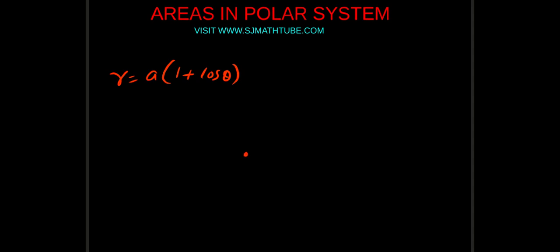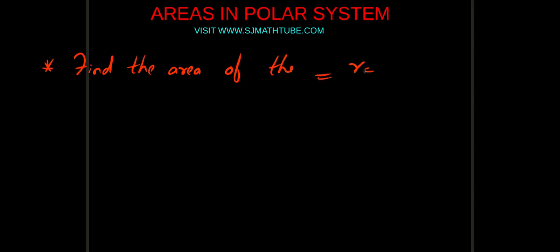So similarly, this will be a cardioid in this direction. It will go like this. Please make sure you draw properly. Okay, that's it. So now write one question. Find the area of the cardioid r is equal to a into 1 minus cos theta.